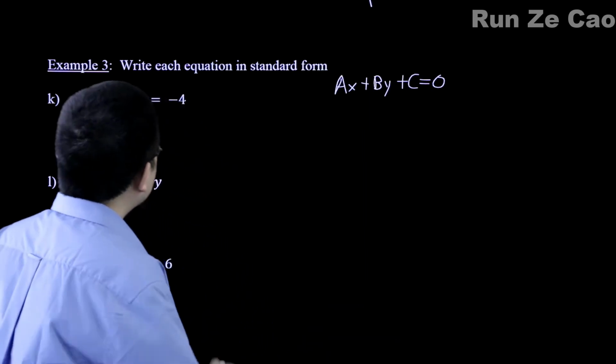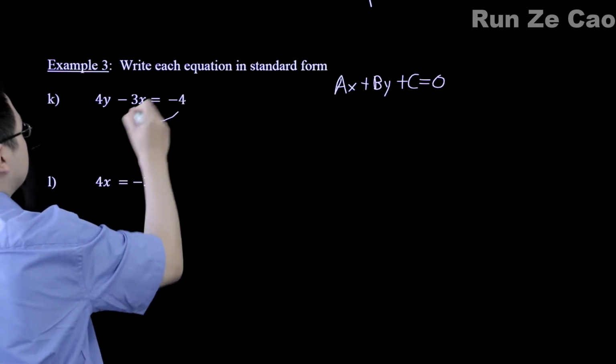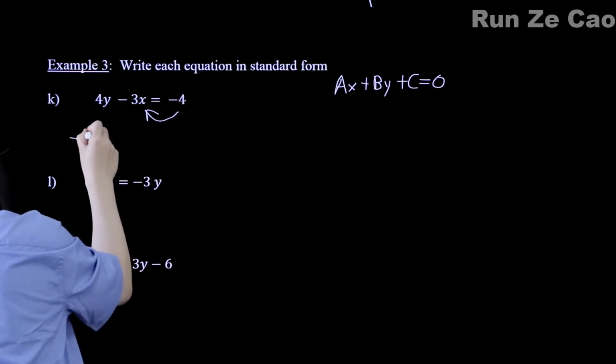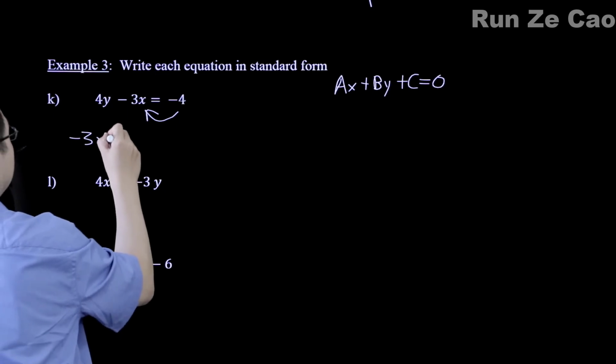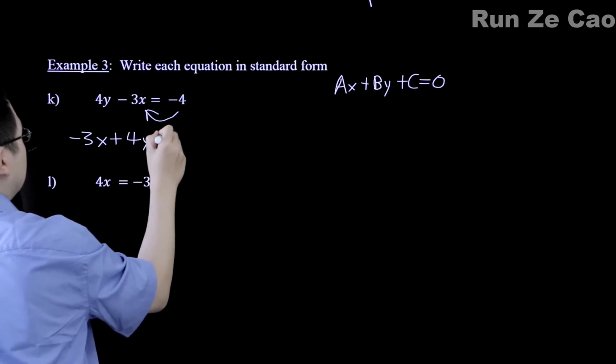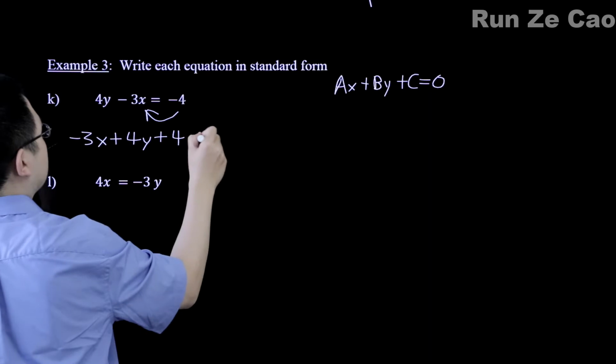Why? Because here, we can just move this right over, which means, oh look, -3x plus 4y plus 4 equals 0.